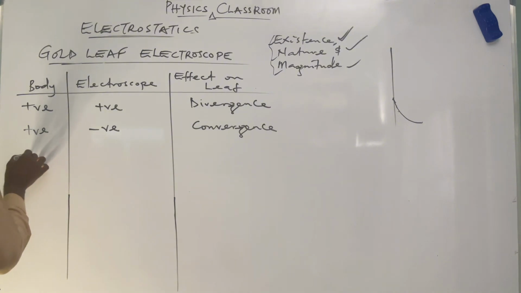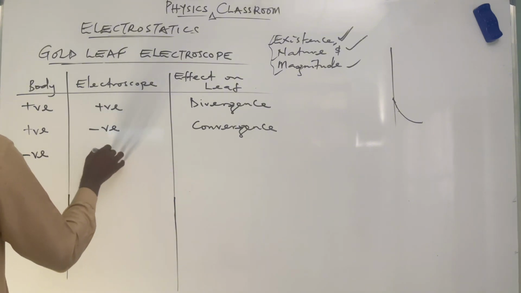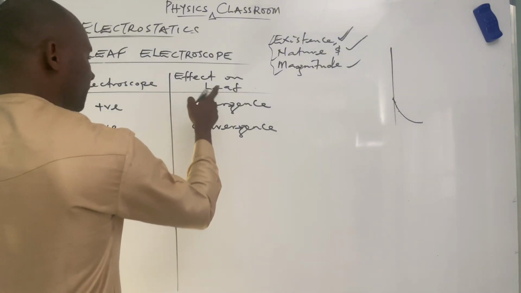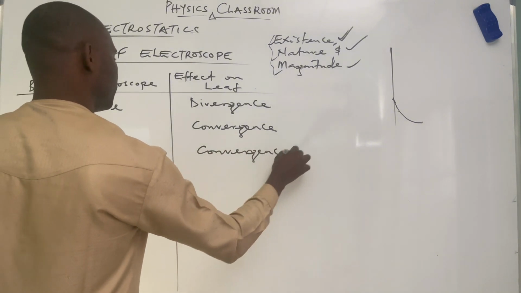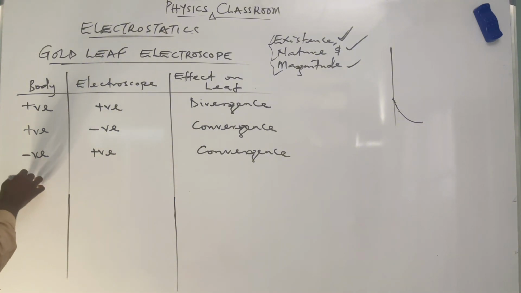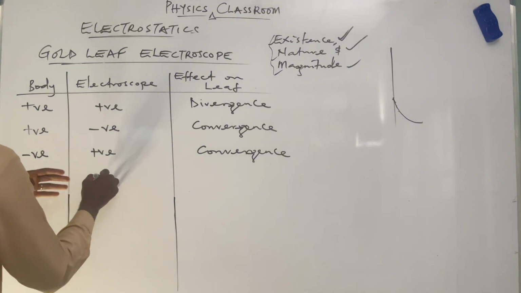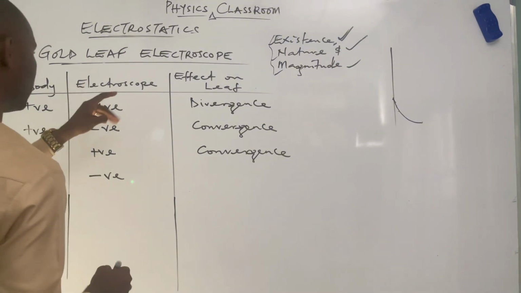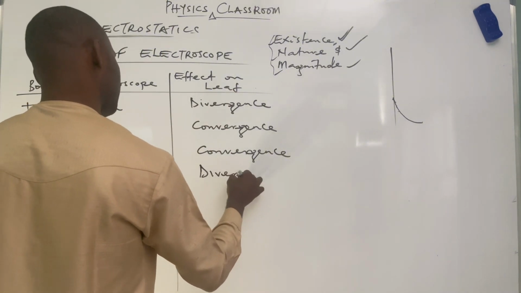In the same way, a negatively charged body brought closer to a positively charged electroscope, the effect on the leaf will also be convergence. Now, if we have a negatively charged body brought closer to a negatively charged electroscope, the effect on the leaf will be divergence.